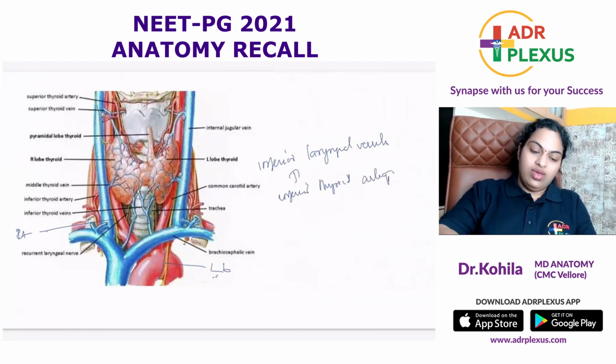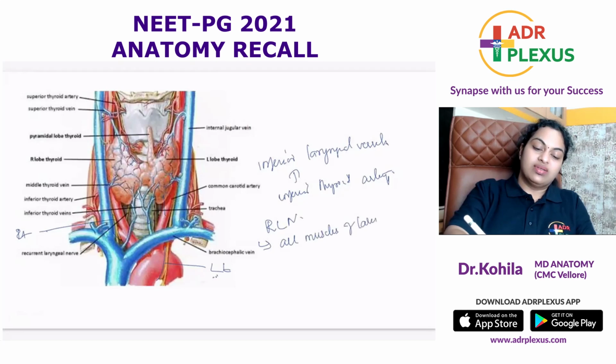Now, this recurrent laryngeal nerve is going to supply all the muscles of the larynx except, come on, tell me, the cricothyroid. More importantly, it supplies the posterior cricoarytenoid. Remember, we saw this question also in the rapid revision.